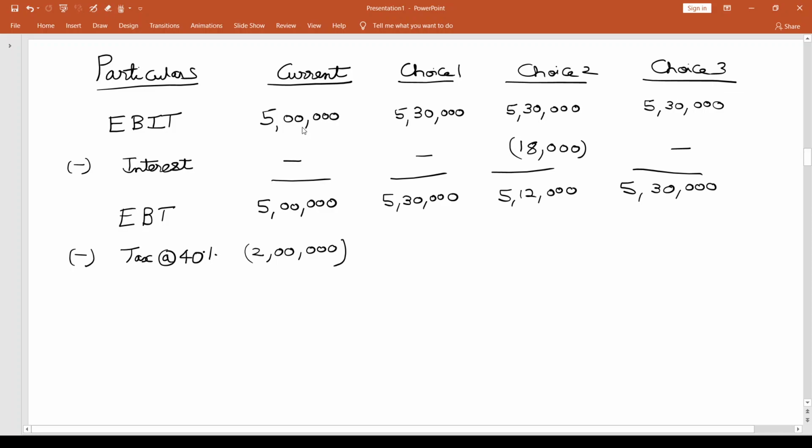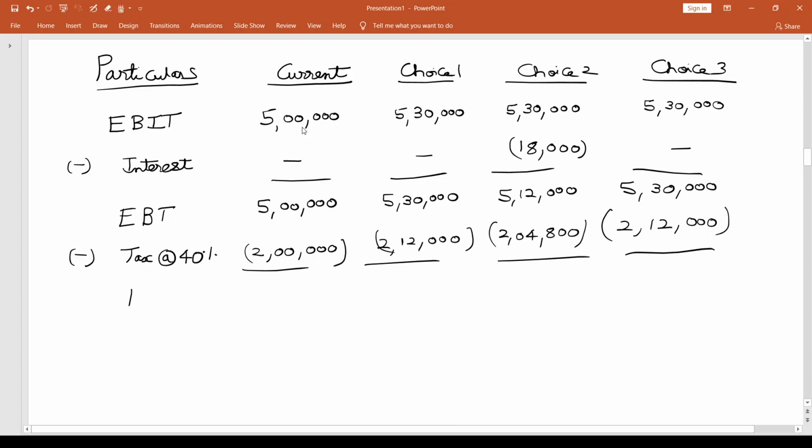That's going to give me 2,12,000. And in choice 2, when the EBT is 5,12,000, if I apply 40% on that, that's going to be 2,04,800. And even for choice 3, it is going to be 2,12,000. This is the tax.